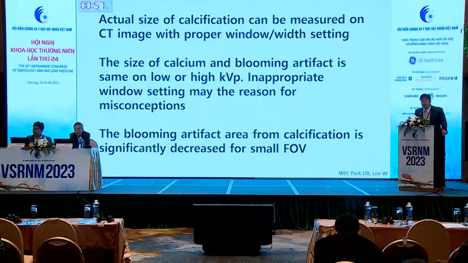So if we do not change the window width, high kVp gives lower attenuation and the blooming looks smaller, but when we apply the proper window width or actually measure the pixels themselves, the blooming is not changed. So the blooming area from calcification is significantly decreased with small FOV, but not with high kVp. So try to use a smaller FOV for cardiac scans, but using high kVp is not a solution.